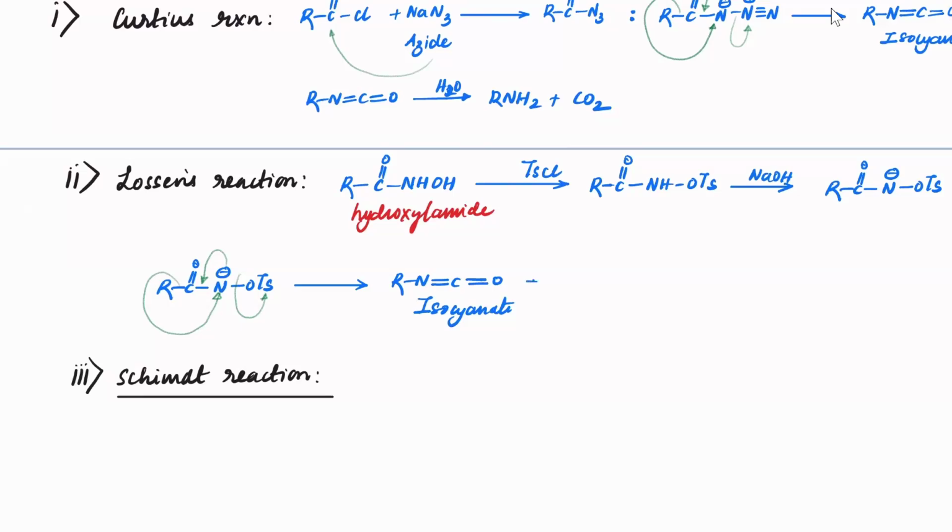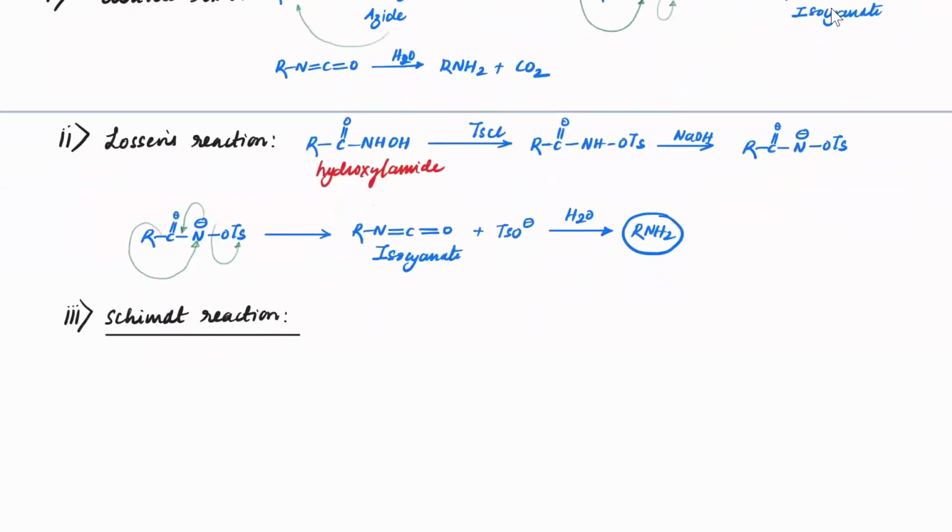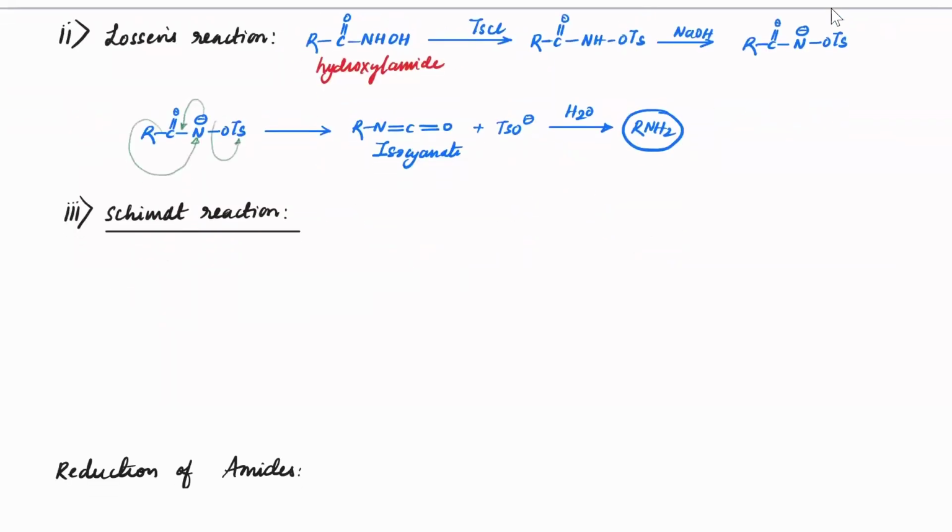That isocyanate plus TsO minus here, on further hydrolysis will finally give us RNH2. So again you get a primary amine, but this time using hydroxylamine. Got it?